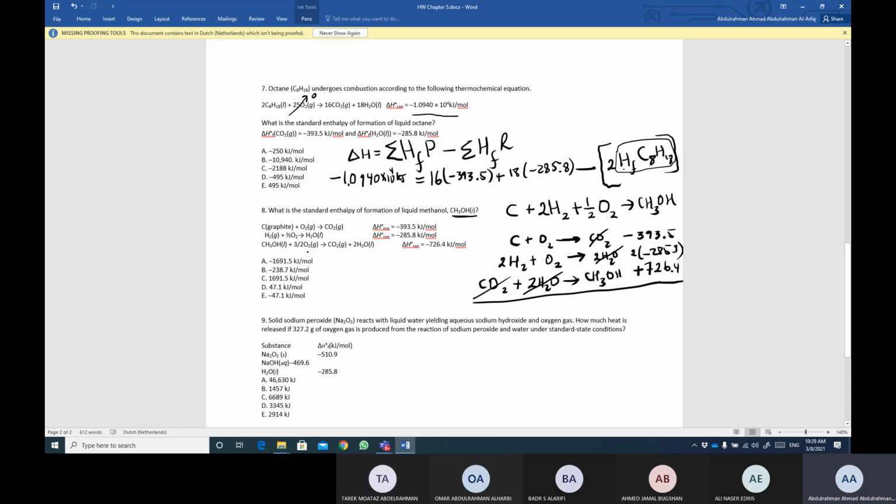Oh, I forgot the 3 over 2. Yes, plus 3 over 2 O2. I forgot this.